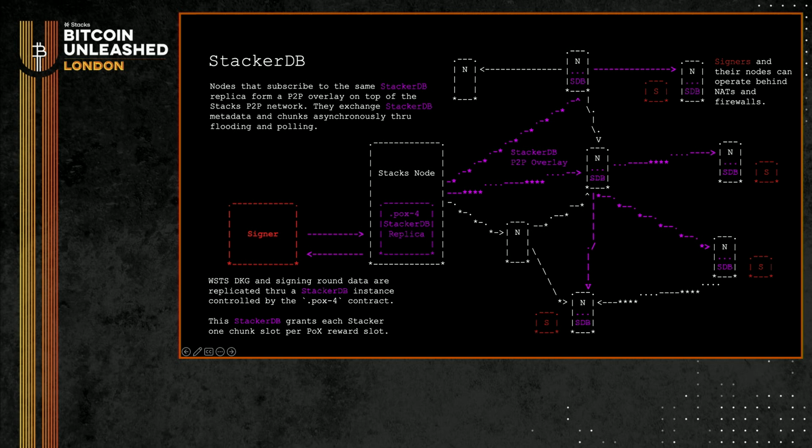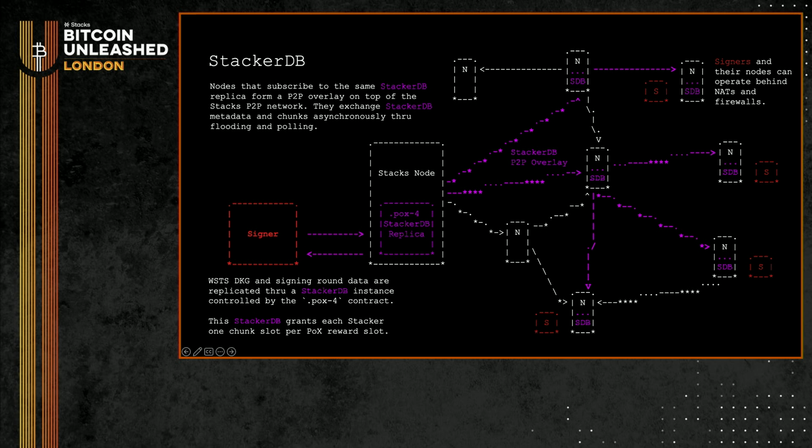Now, this is all facilitated with a separate program called a signing daemon, which runs alongside the Stacks node to carry out this state machine for effecting group signatures like this. That is facilitated through the StackerDB system. So I mentioned earlier, the StackerDB system is an overlay on top of the peer network. So the way it works is some Stacks nodes can subscribe to, in this case, the POX4 StackerDB replica.